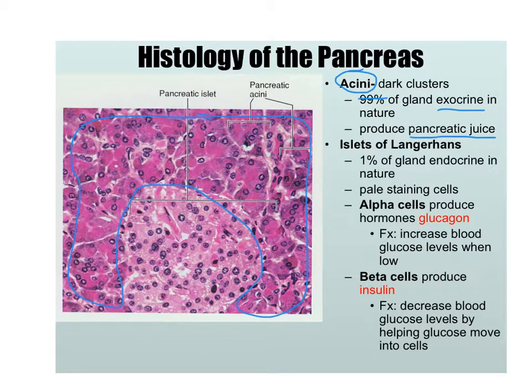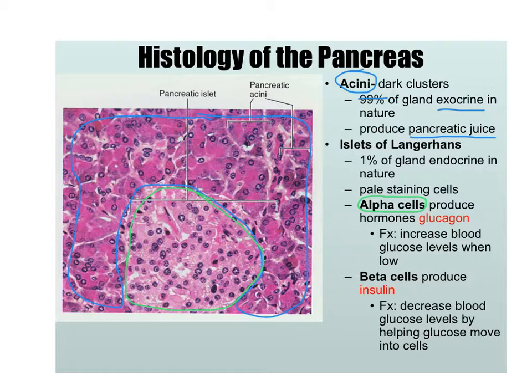Now the endocrine portion of the pancreas, located right here, is the lighter part called the islets of Langerhans. That is what's involved in blood glucose regulation. So you have what are called your alpha cells.